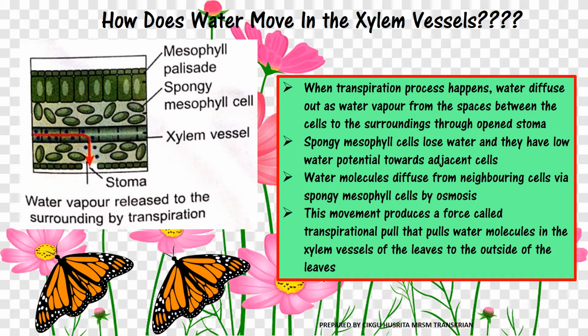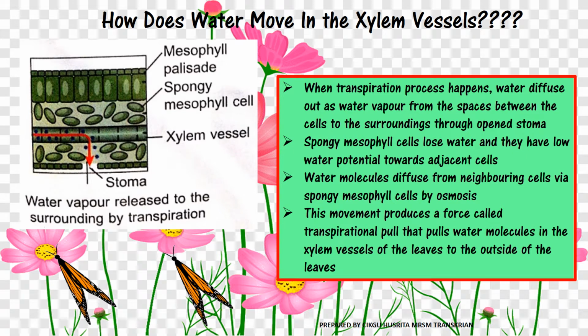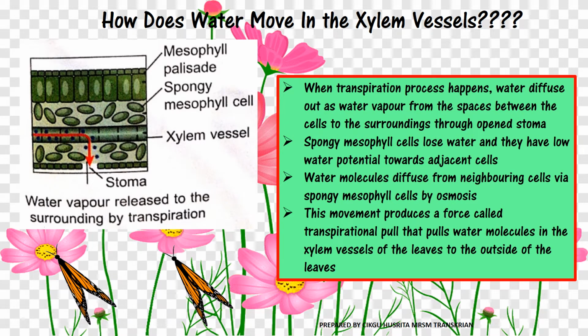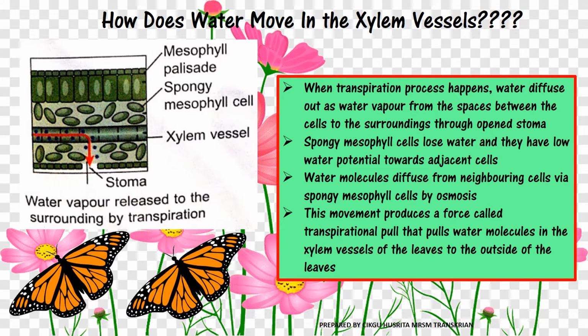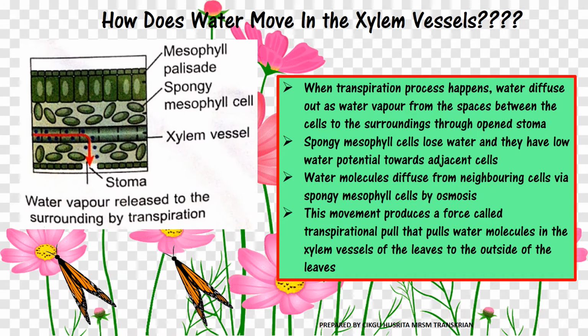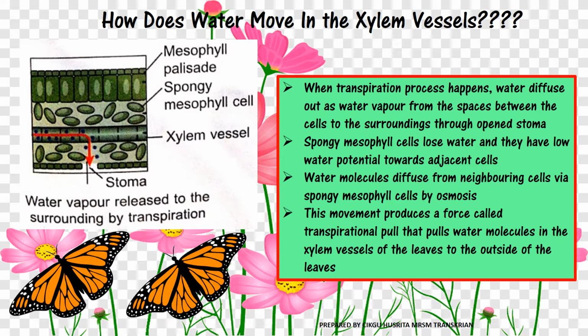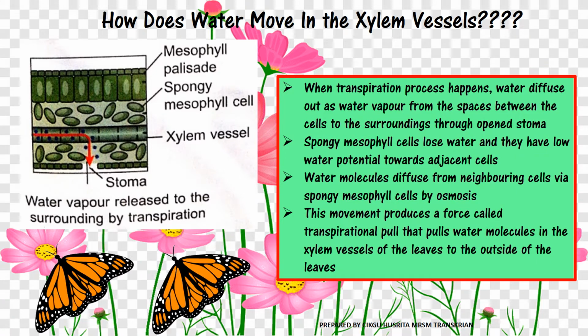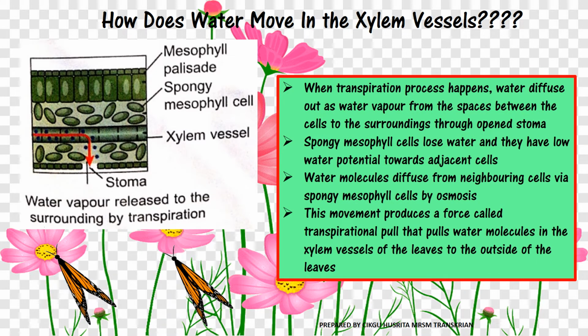So the spongy mesophyll cell will lose water and have low water potential because all the water will diffuse out. So now the spongy mesophyll cell has low water potential toward the adjacent cell. Adjacent cell means neighboring cell. So the water molecule diffuses from the neighboring cell via the spongy mesophyll cell by osmosis.